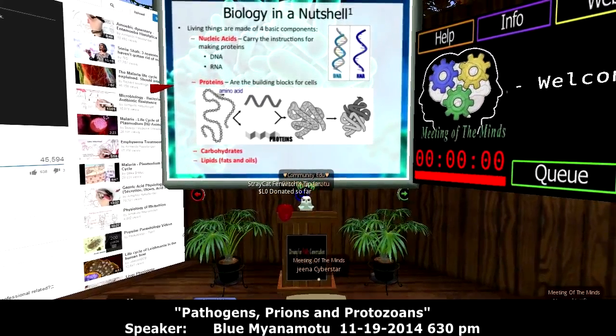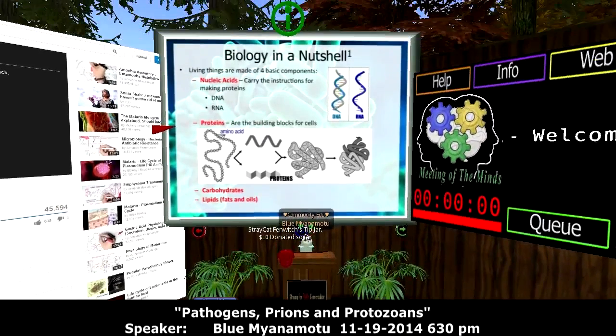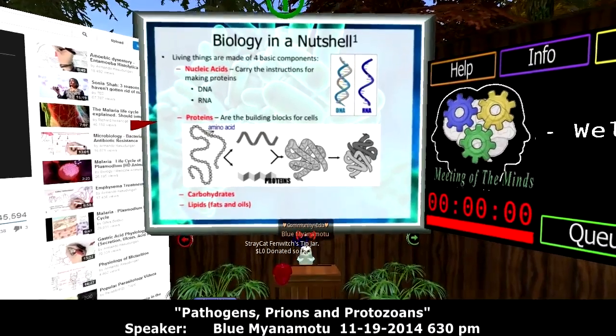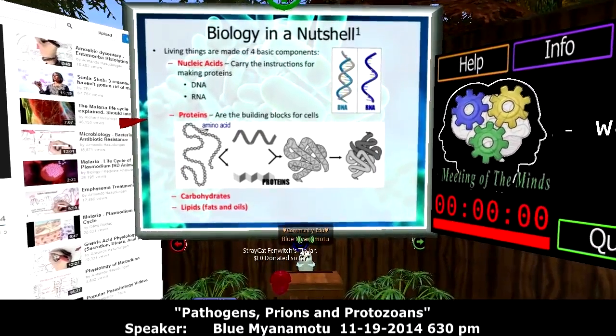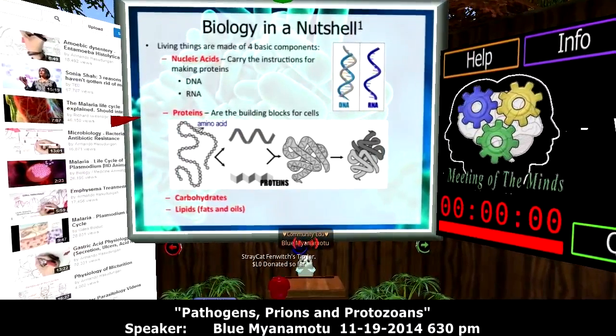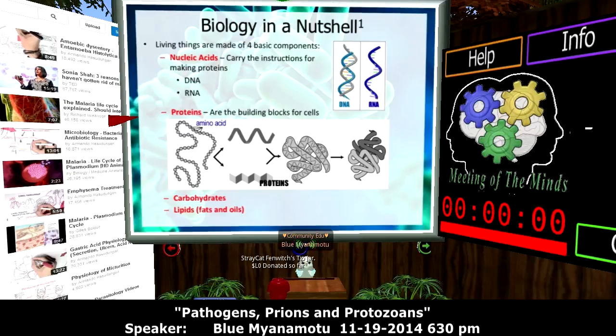So, biology in a nutshell, and the reason why I'm going over this is because if we look at the difference between viruses and bacteria, and prions, it almost comes down to these 4 basic components. So first is the nucleic acids, and you'll see that in living things and even in non-living things like viruses, there's only 2 different kinds of nucleic acids that we know.